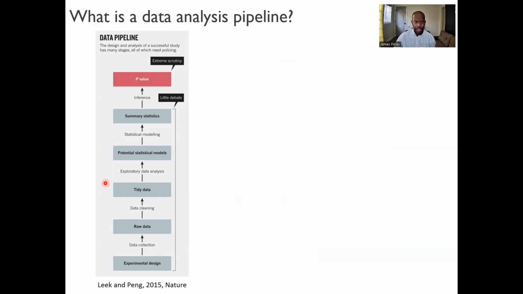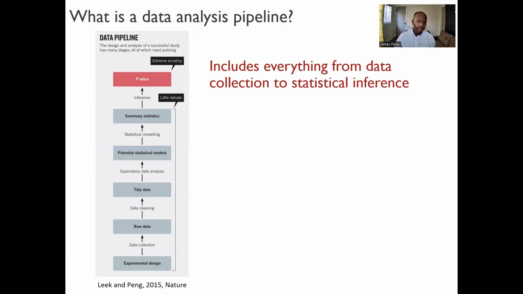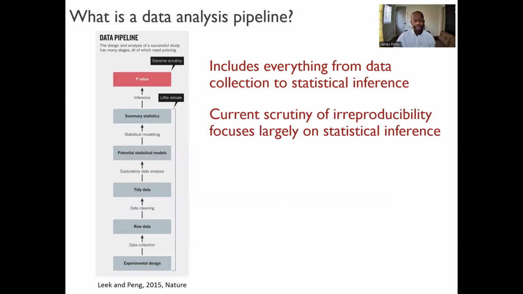So this pipeline is oriented from bottom to top, where we've already discussed some issues with respect to defining research questions. There's a whole area of experimental design that you might want to consider, collecting your data, dealing with raw data, and then doing everything from tidying or cleaning the data, exploratory analysis through statistical modeling and hypothesis testing. So the pipeline is everything from this point of data collection to statistical inference.